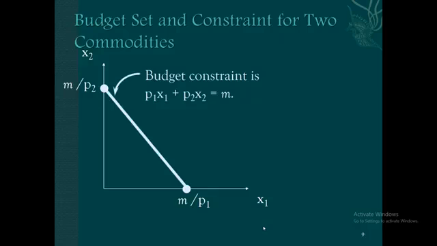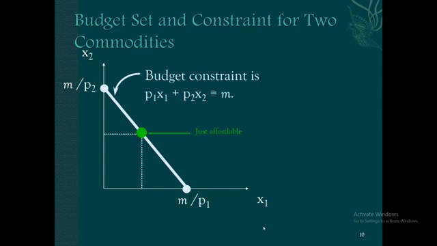To make it more understandable, let's draw it. This is m by p2 and m by p1, which is nothing but your budget constraint, p1 x1 plus p2 x2 equal to m. You now have only two commodities, x1 and x2, with corresponding prices p1 and p2, with x1 on the x-axis and x2 on the y-axis.